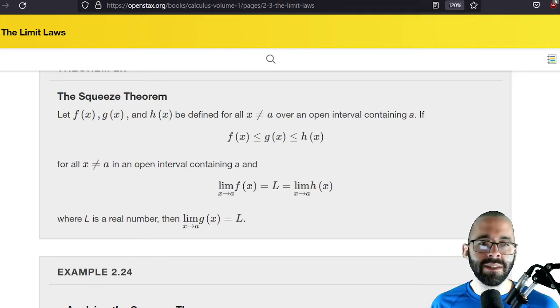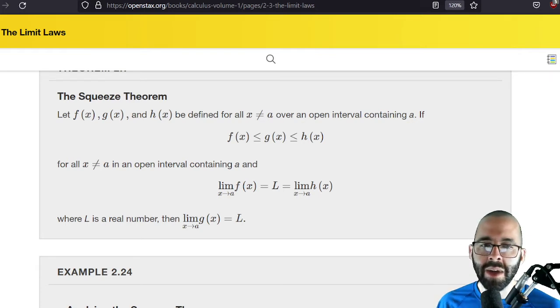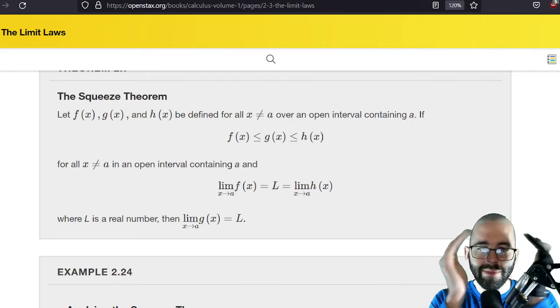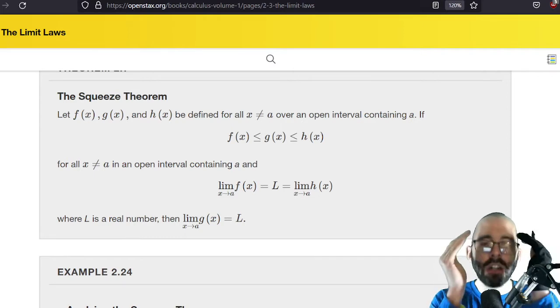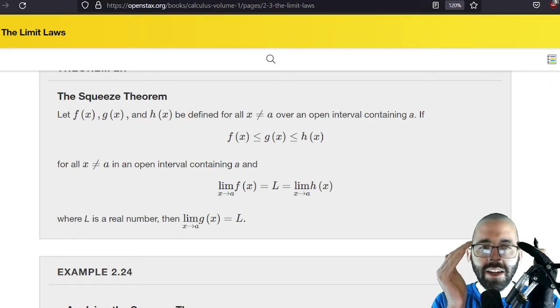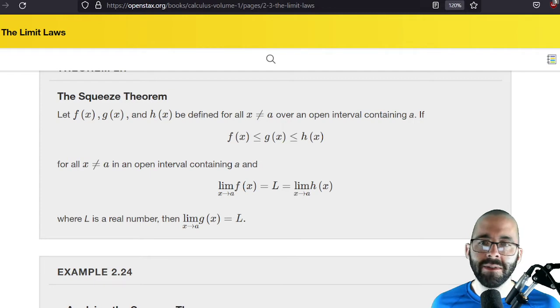When we look at limits, the function value at that point doesn't matter for the limit. So let's say they're defined everywhere close to A. In some open interval containing A means close to A. But what actually happens at A doesn't matter.